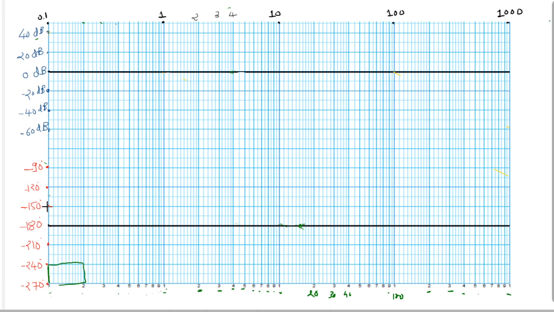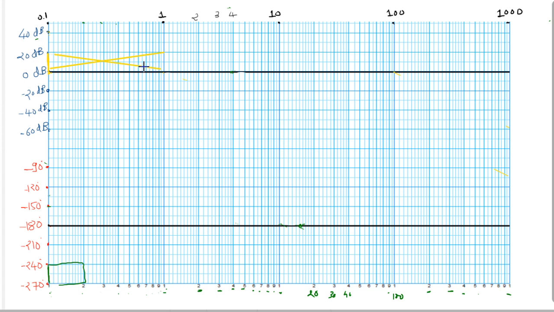Now this scale goes from 0 decibel to 20 decibel. If I draw this type of slope, that is plus 20 decibel, from 0 to 20 on this scale, in this portion only.